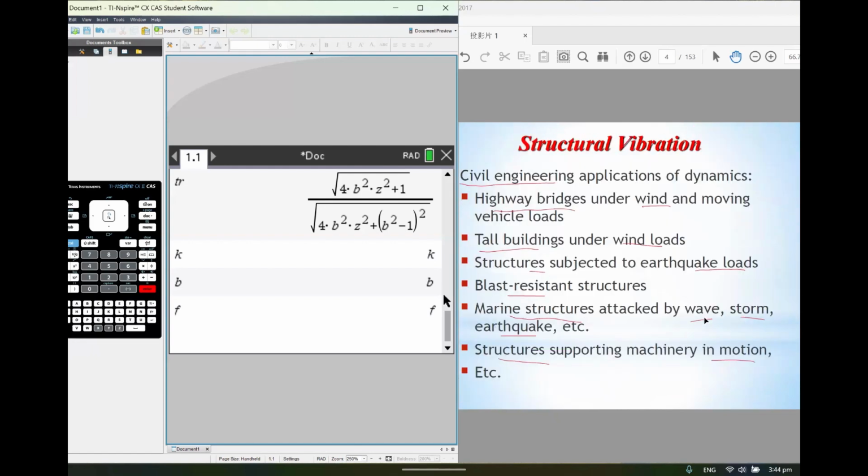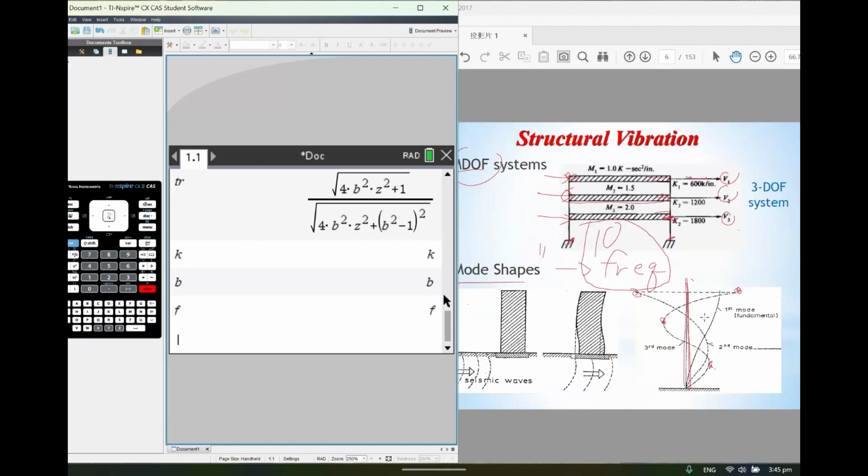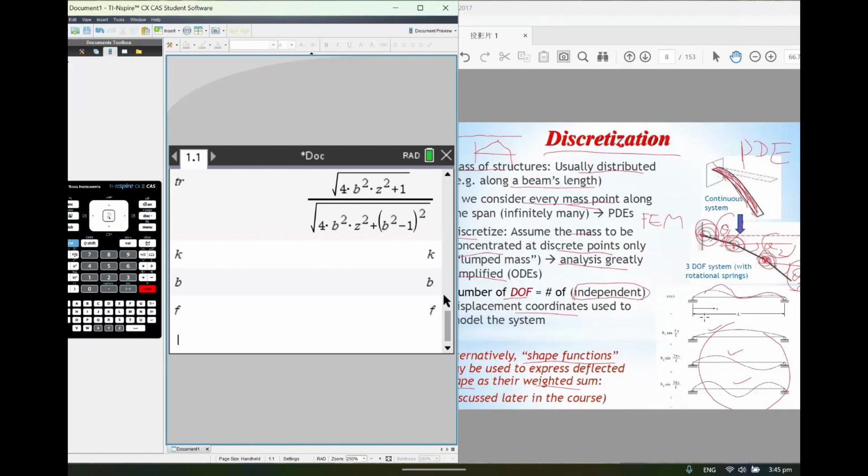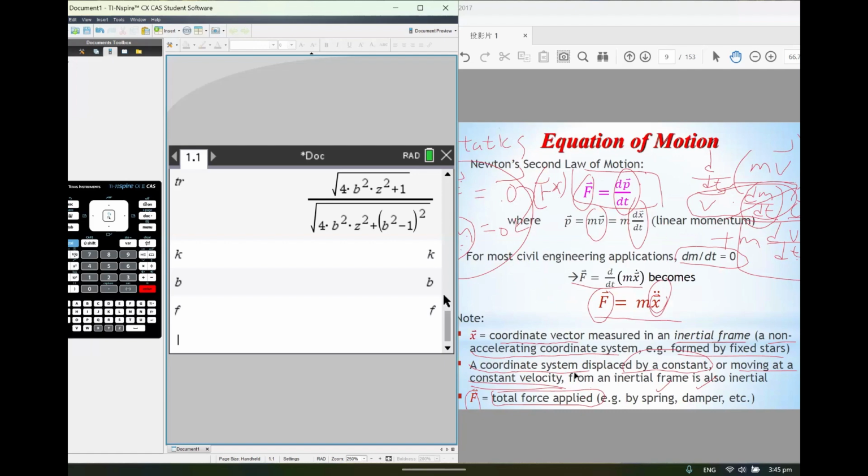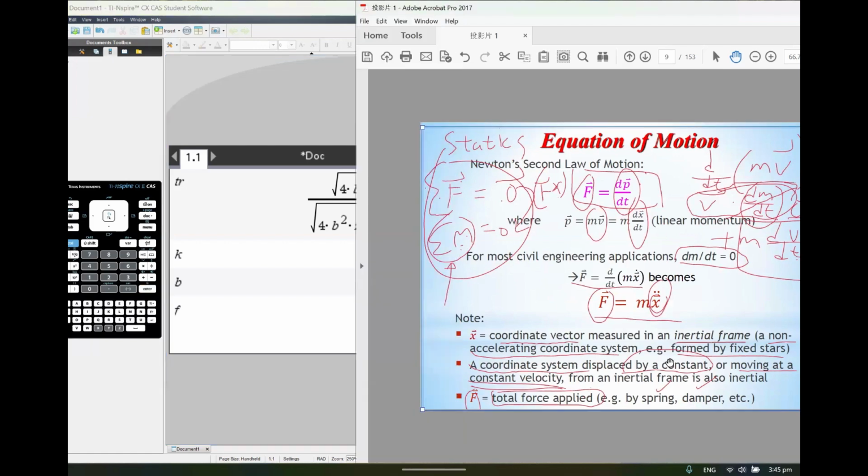That was a basic fact of dynamics. If you are moving at a constant velocity from an inertial frame, then this new frame is also inertial, and you can build your coordinate system in this frame, even if it's moving.